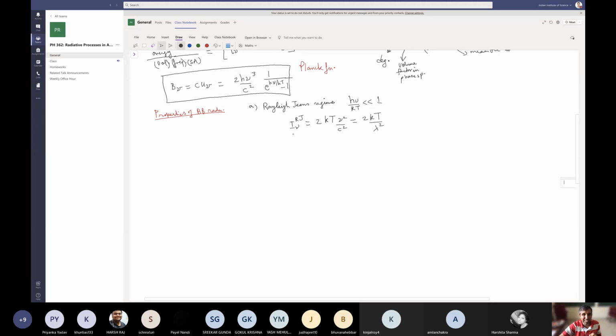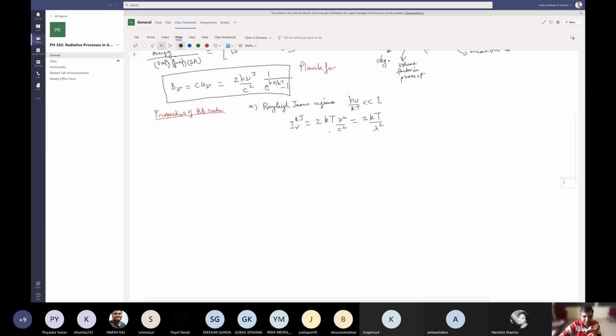This is called the Rayleigh-Jeans law. The Planck factor h actually gets cancelled from above and from below, so there is no Planck constant in classical laws.